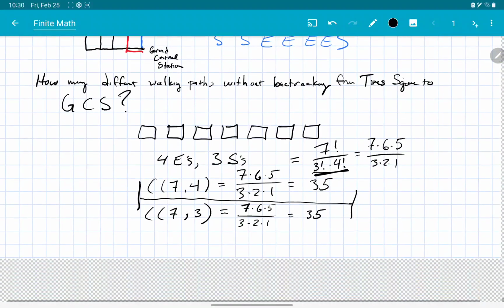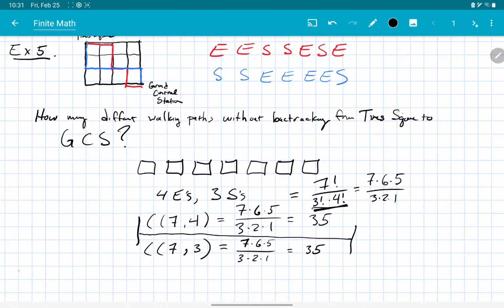Okay, now let's ask a slightly harder question about these paths.